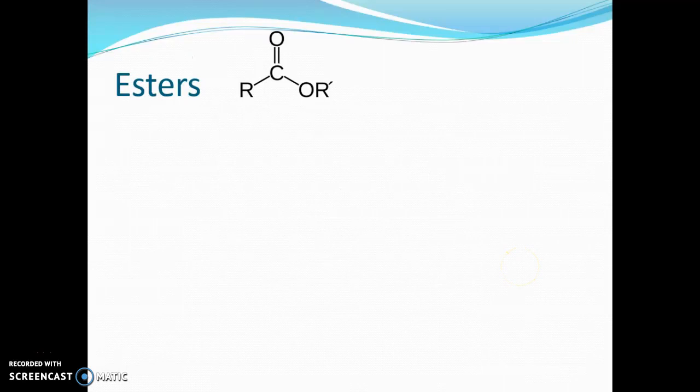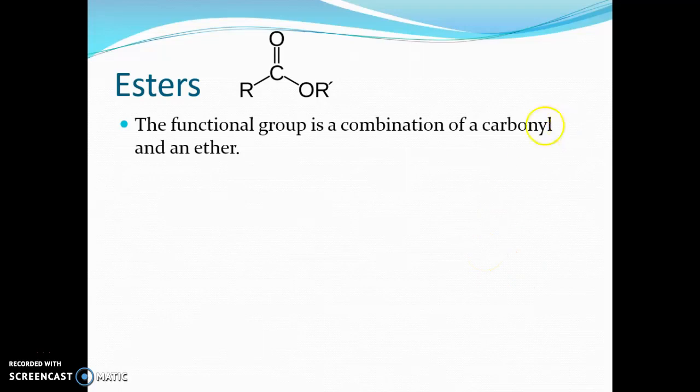Esters look like carboxylic acids, except they're in the middle of the chain. So carboxylic acids are at the end, esters are in the middle. So the functional group is a combination of a carbonyl group and an ether, or you can think of it as a kind of carboxyl group in the middle of the chain.